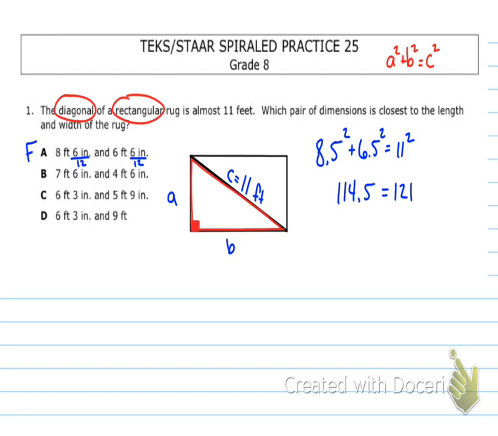So if I go check B, let's set that one up. Remember that when it says inches, you need to do that out of 12. So instead of 7 feet 6 inches, 7 and 6 out of 12 becomes 7.5 squared, and then plus 4 feet 6 inches becomes 4.5 squared.